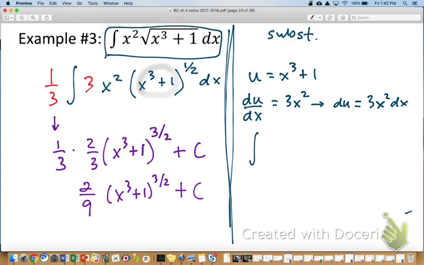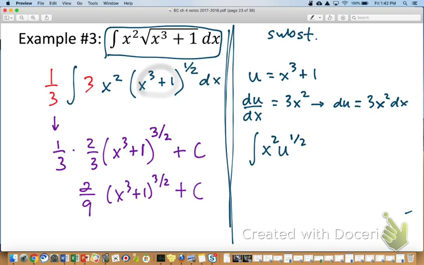And I'll say that square root of x cubed plus 1 could just be u to the 1/2, right? And then x squared, still in there. But then we're always going to be substituting our dx out of there. So do you guys see anything I could use to substitute in for dx?